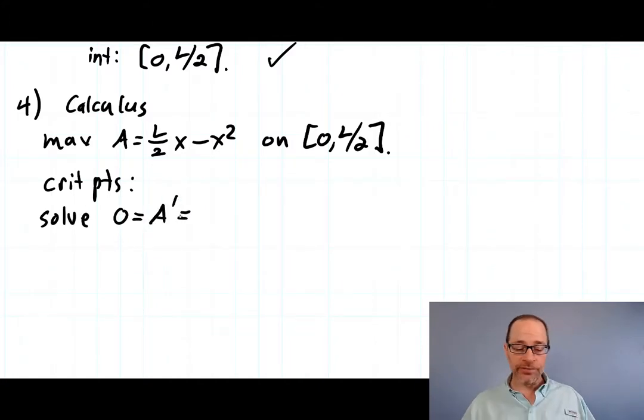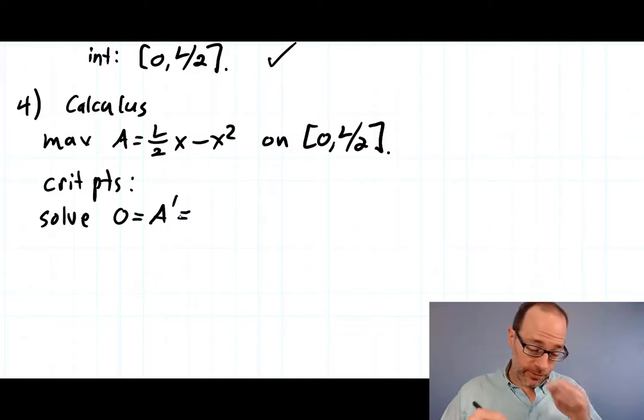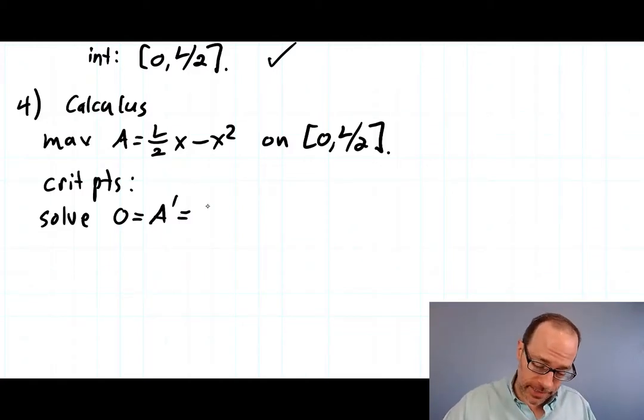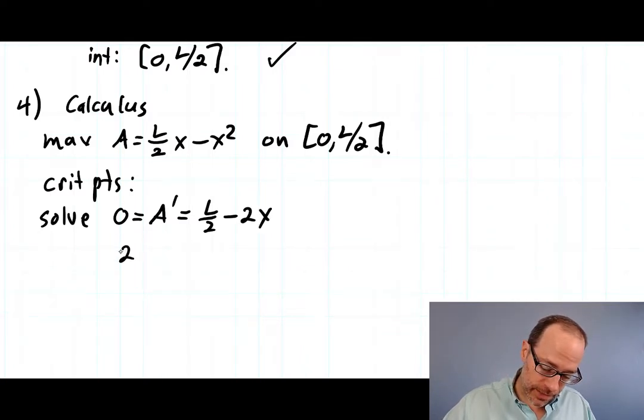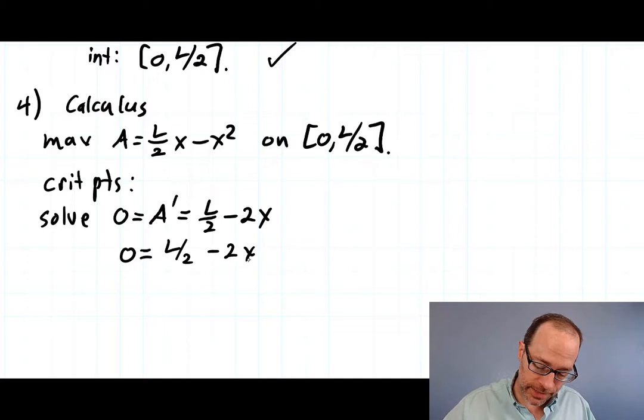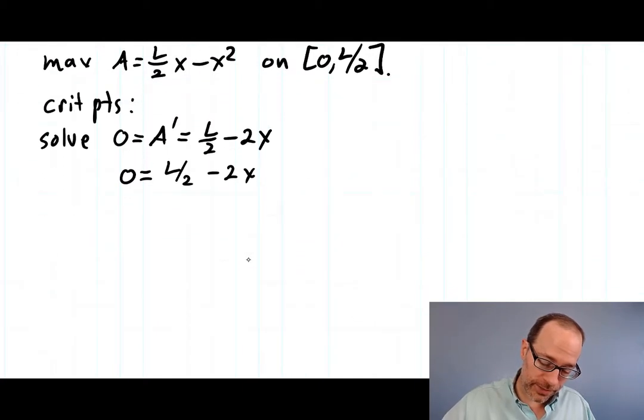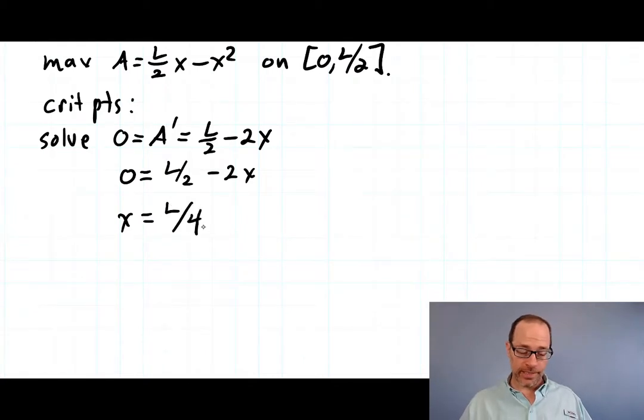So where's the derivative 0? But the derivative, if we take it with respect to x, is just L over 2 minus 2x. So that means we have to solve 0 is equal to L over 2 minus 2x. So throw the 2x to the other side, and then divide by 2 on both sides, and you get L over 4. So that's the solution, and only one critical point.